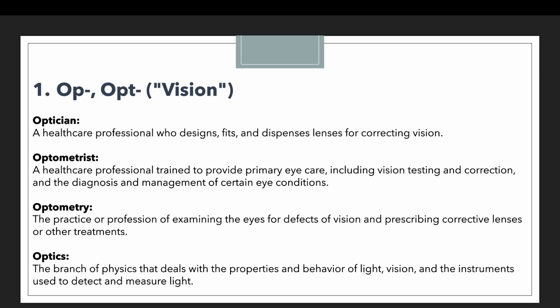In the next example, you will find another use of the opt prefix. In optician we are using the opt prefix, and in the second example, optometrist, we are using opt again.